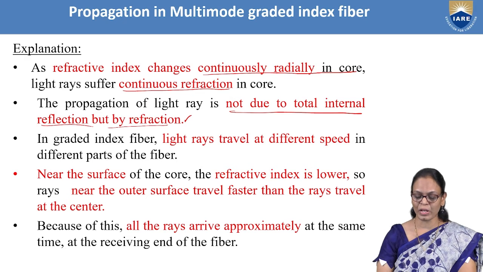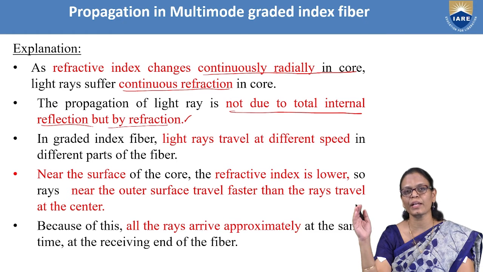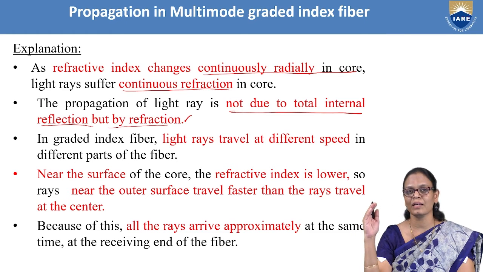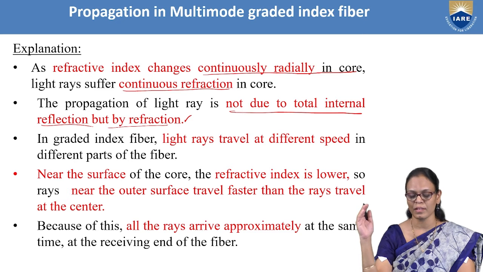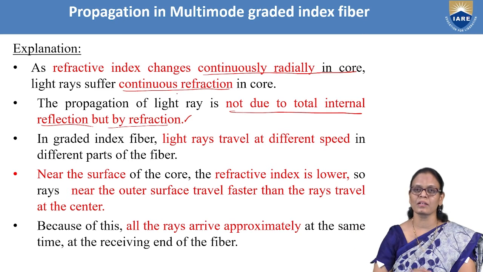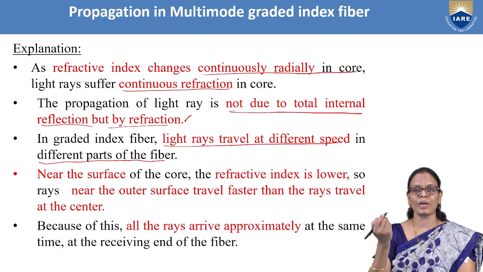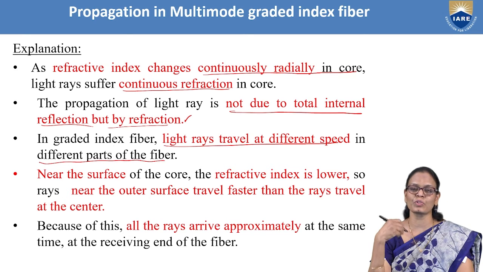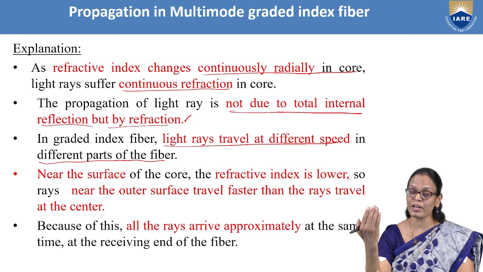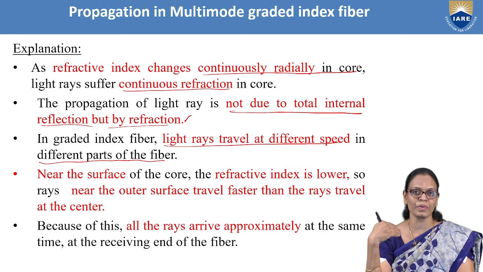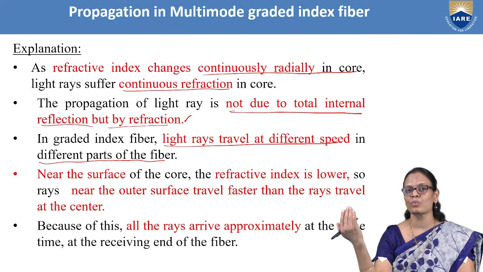So here, because the refractive index of the core varies gradually, there is continuous refraction. So in graded index fiber, the light rays travel at different speeds in different parts of the fiber. We know when a light ray travels from one medium to the other medium, or from one refractive index to the other refractive index, the speed of light varies.